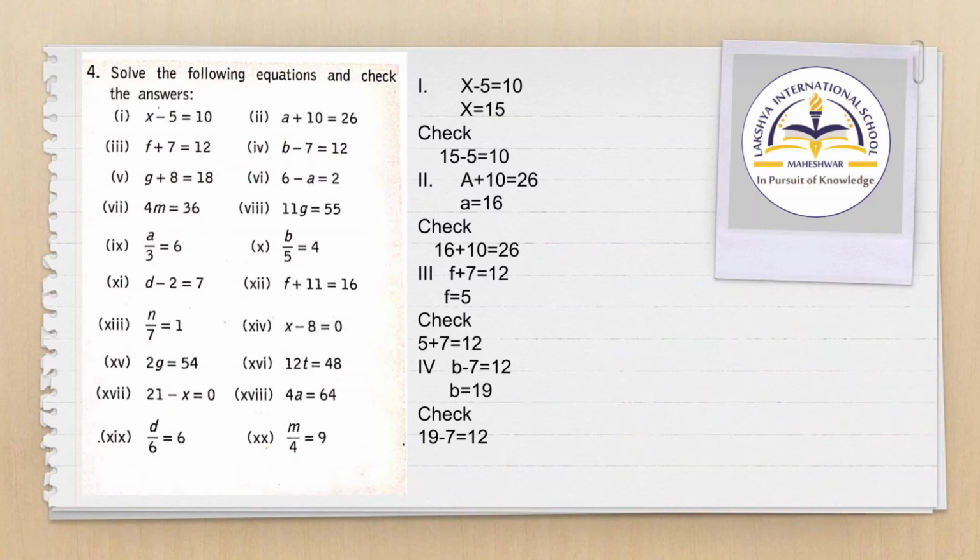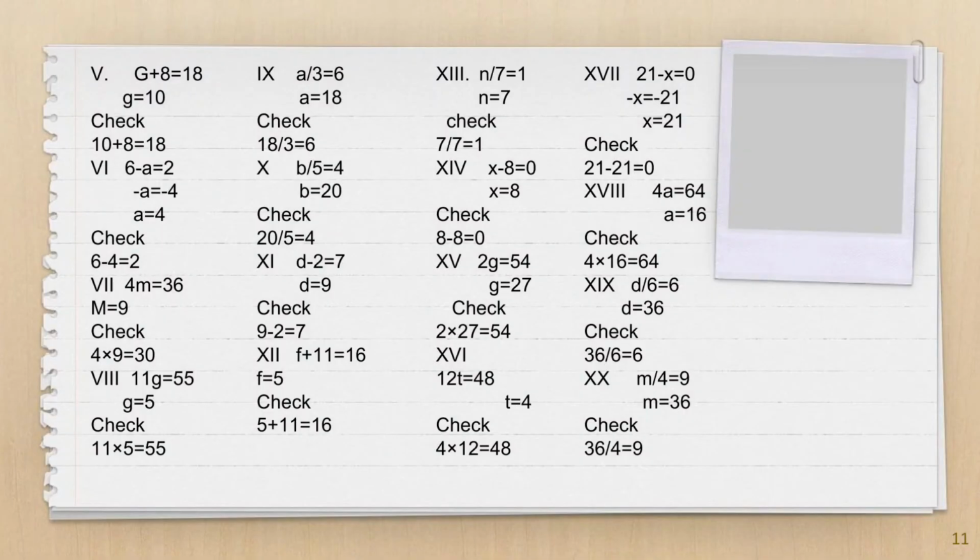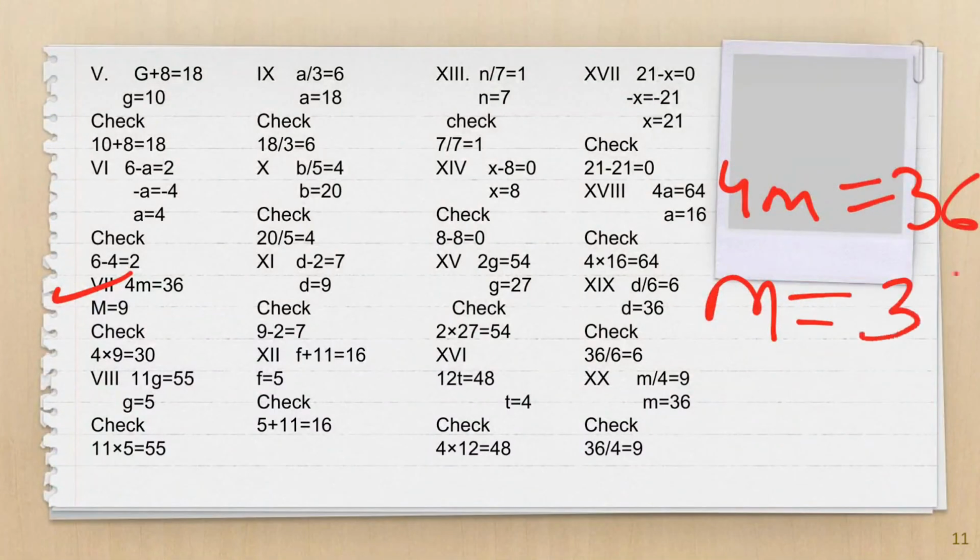Now we will solve this one. 4m equals 36. So m equals 36 divided by 4.